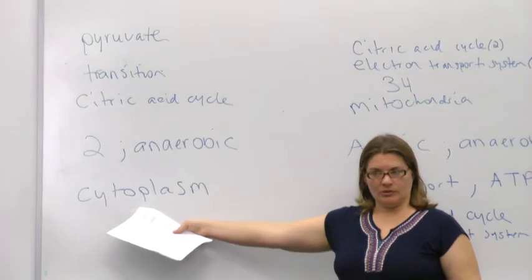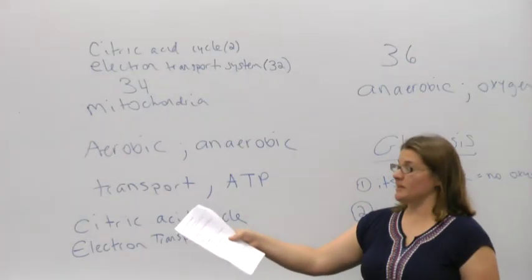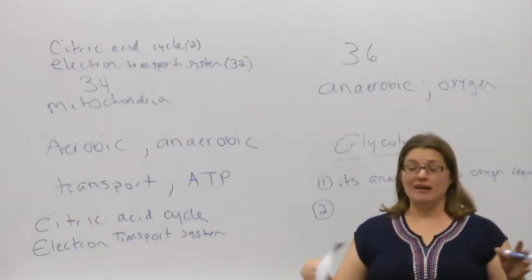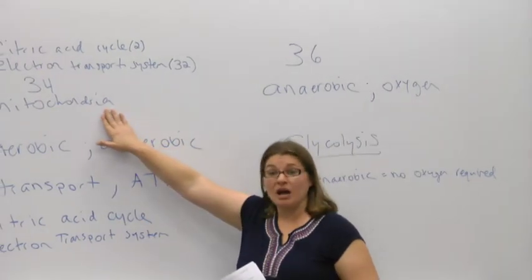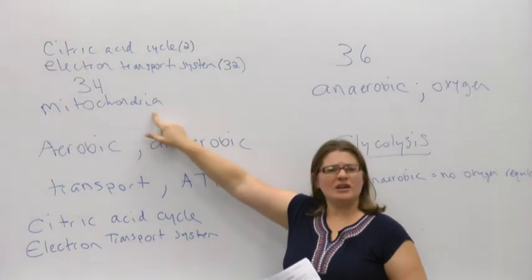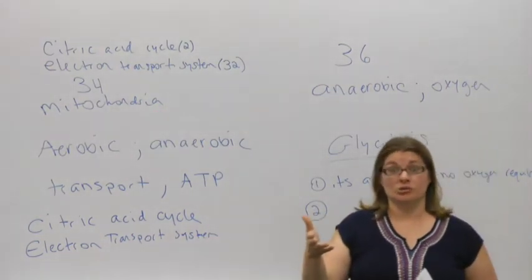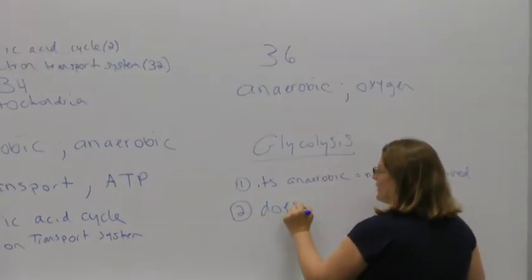Yeah, and so the cytoplasm is in every kind of cell, whether it's prokaryotic or eukaryotic. Every kind of cell has cytoplasm. But what kind of cells have mitochondria? Only eukaryotic. So what is a mitochondria a type of? Remember, it was all about chapter 4, organelles, right? So glycolysis doesn't need organelles.